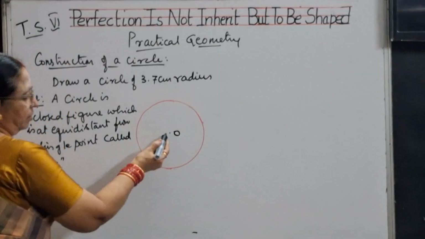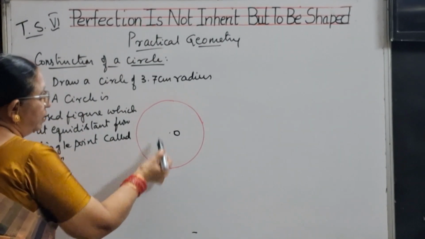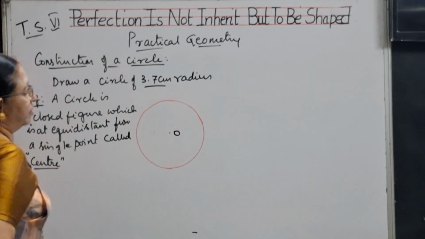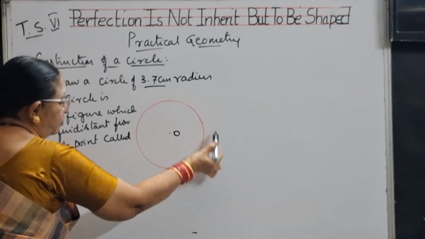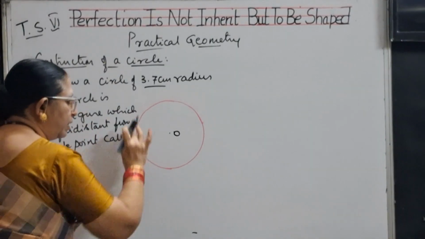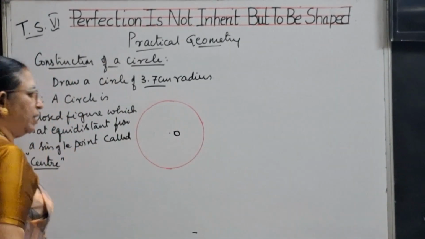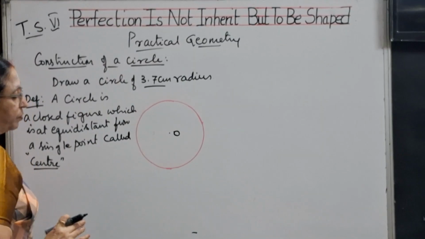This is the center. From here, if you take a scale and measure 3.7 centimeters as radius, as he said, then from here to here, at any point, it is 3.7 centimeters only. Only then you are going to get a circle. Otherwise, you will be getting a crooked figure.